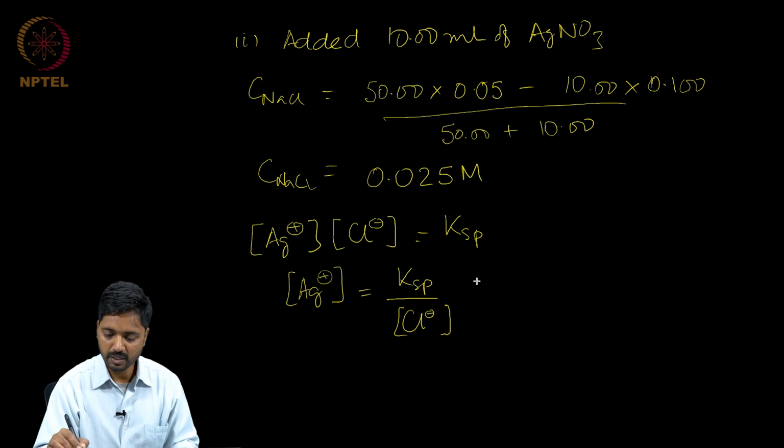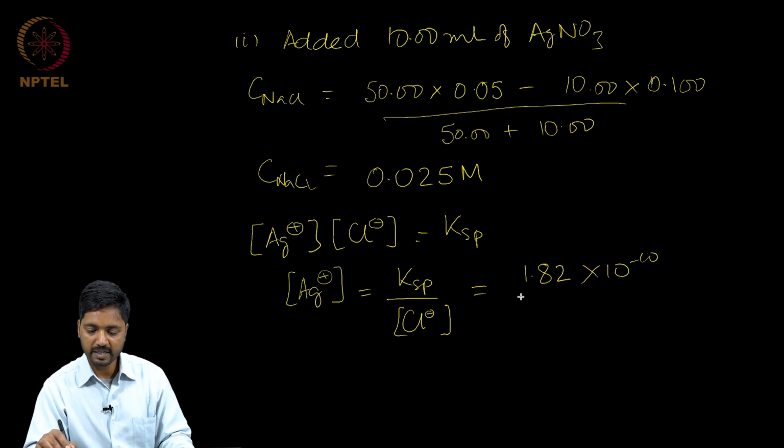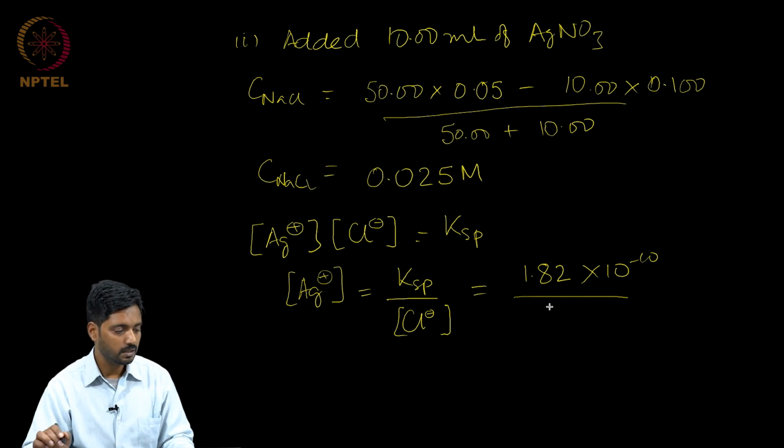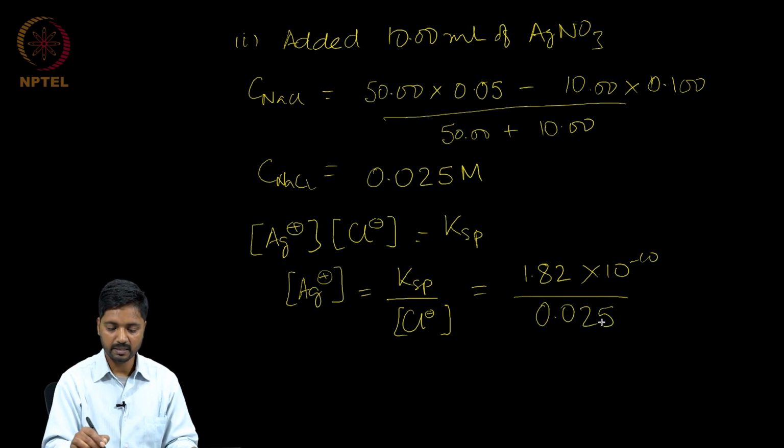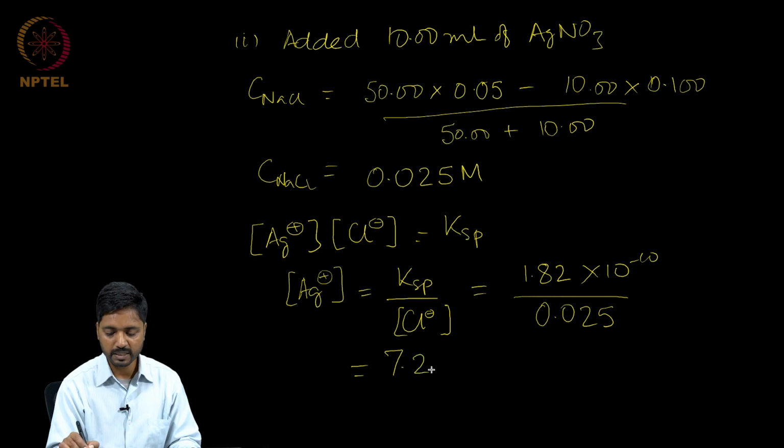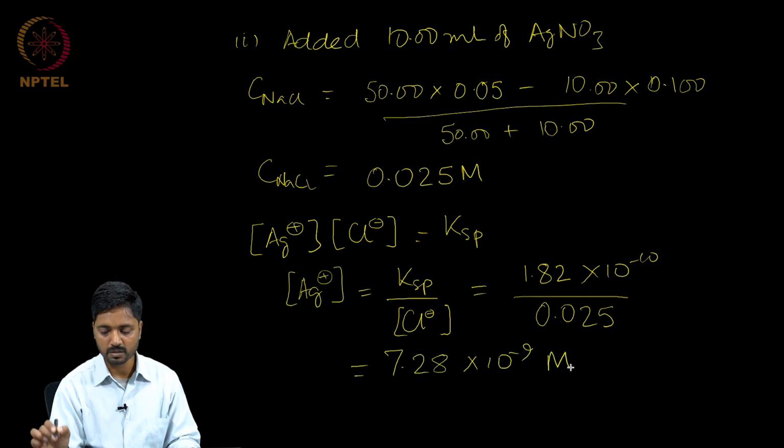The KSP value is 1.82 into 10 power of minus 10. The chloride concentration from the NaCl that is remaining is 0.025, and this solves out to be 7.28 into 10 power of minus 9 molar.